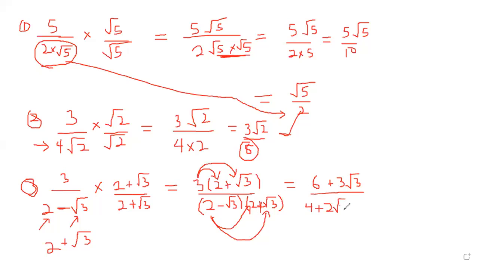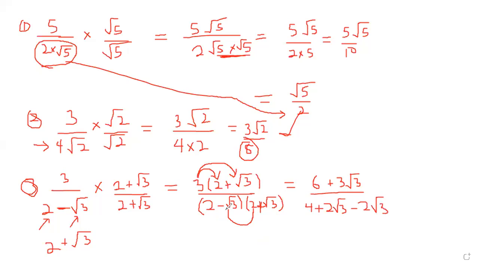Then minus root 3 will multiply 2. Let me clean this first. So negative root 3 will multiply 2. That will be minus 2 root 3.